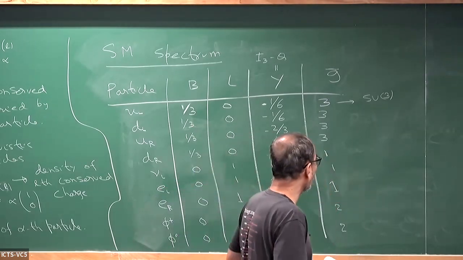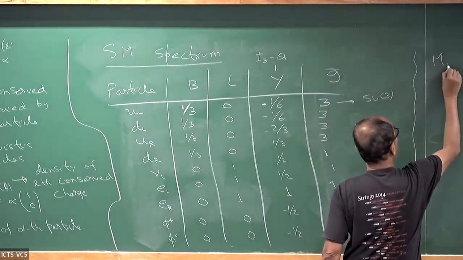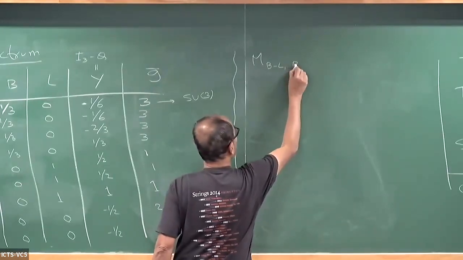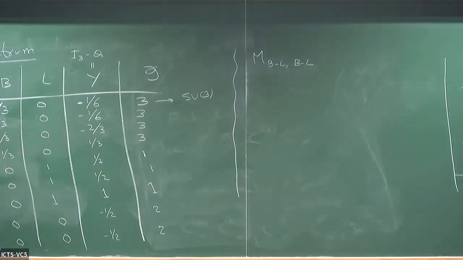So now let's just do one calculation from here. The rest I'll leave as an exercise. Let's calculate the B minus L component of this. From this formula, well, that formula I have erased here. Basically, you have to multiply the B minus L charges, both are B minus L in this case, multiply by that G bar factor, and then sum over all particles. So you have to basically go down this column and sum over everything.